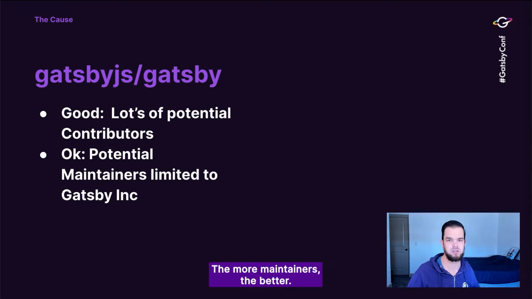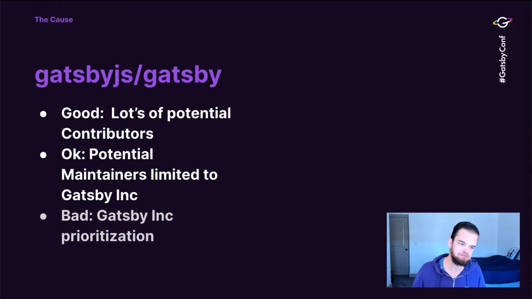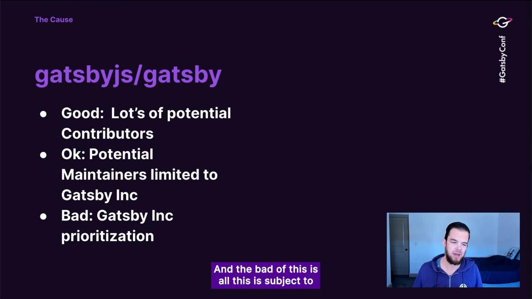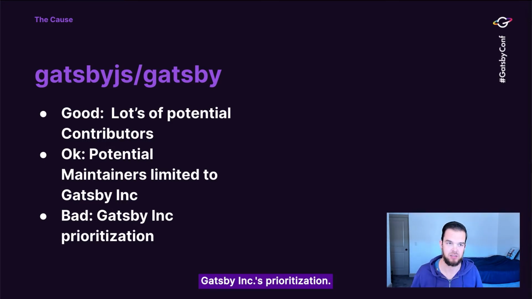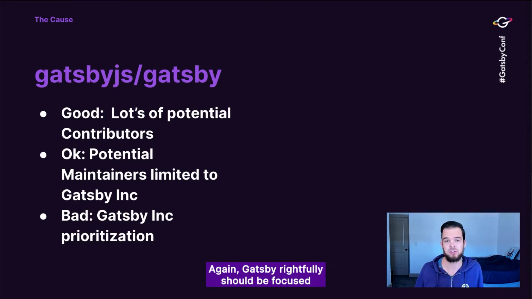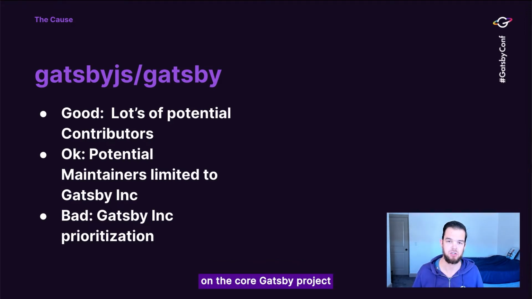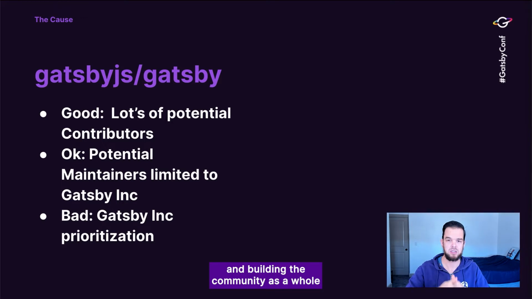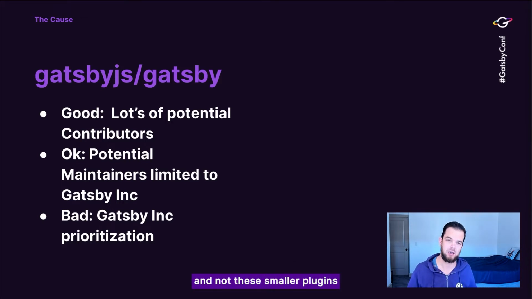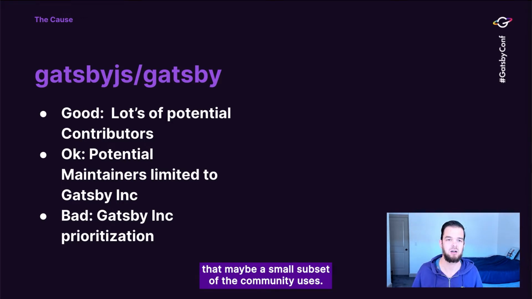The more maintainers, the better, the more throughput, theoretically. And the bad of this is all this is subject to Gatsby Inc.'s prioritization. Again, Gatsby rightfully should be focused on the core Gatsby project and building the community as a whole, and not these smaller plugins that maybe a small subset of the community uses.